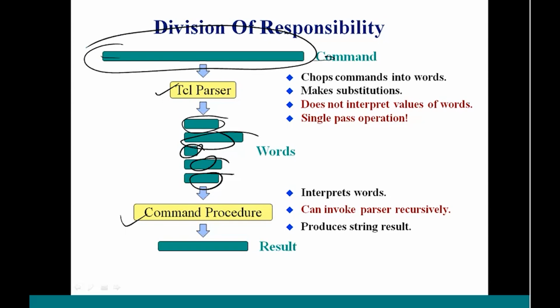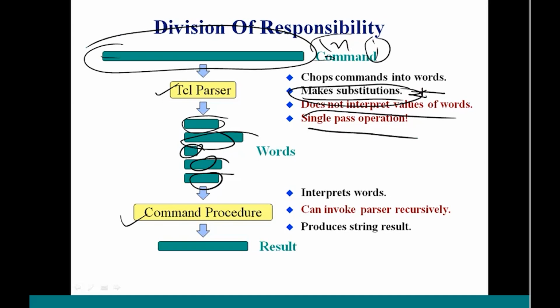It also makes some substitutions, which we will come to. It does not interpret any values of words, so it does not assign anything, and it is a single pass operation. The command, separated by either a new line or a semicolon, goes through the Tcl parser, which first breaks it into multiple words based just on the white space character.